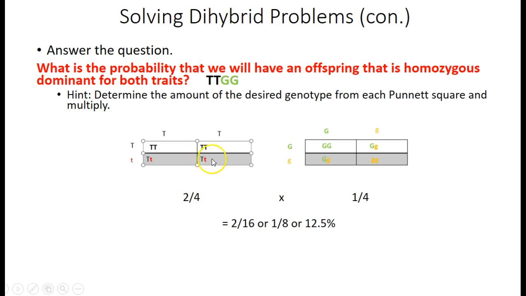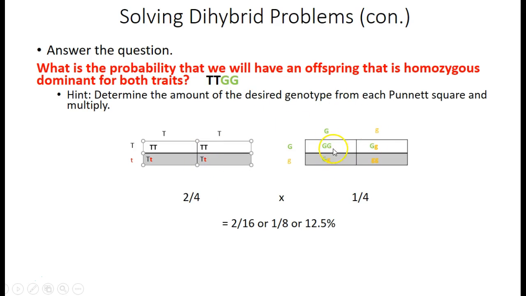Next, I wrote my genotype for what my offspring is supposed to look like. It said if the offspring is homozygous dominant for both traits, that means big T, big T, big G, big G. Now I want to count how many of each one of those I might have. Big T, I had 2 out of 4.